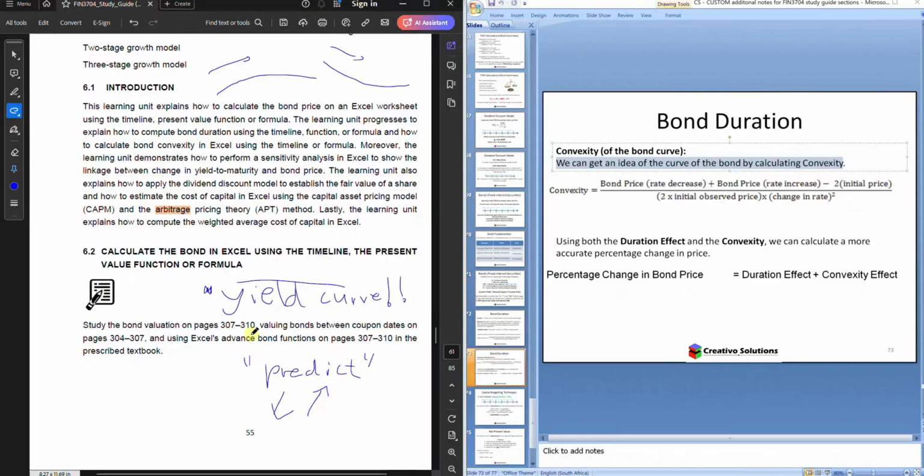So this yield curve, in the fixed income module, the FIN3702 module, they talked about expectations theory as a tool to help you with pricing bonds. And obviously this yield curve is important.